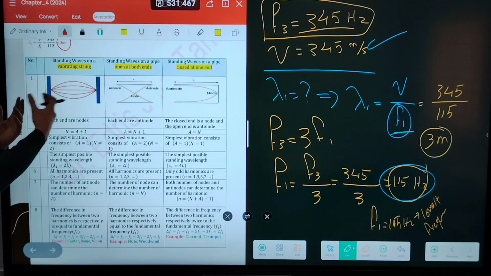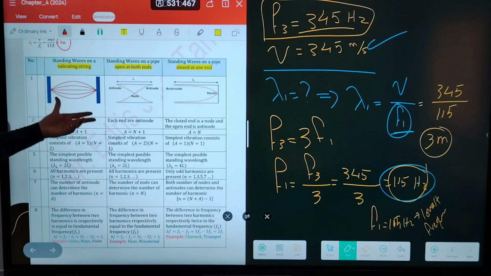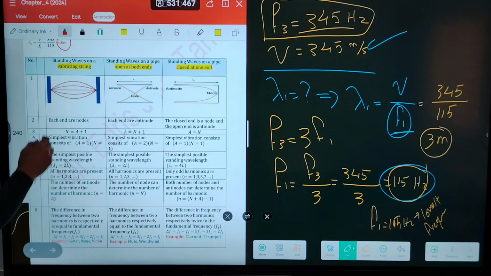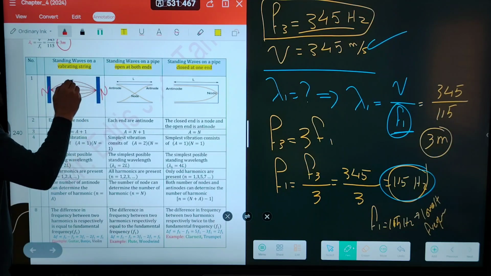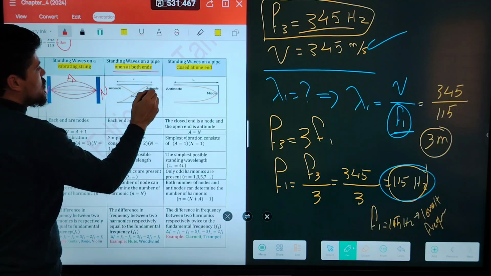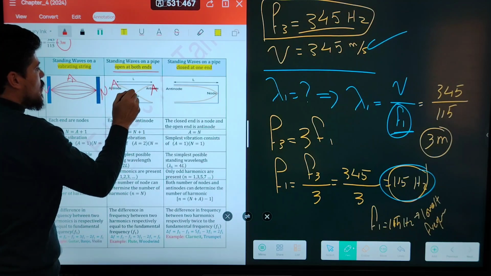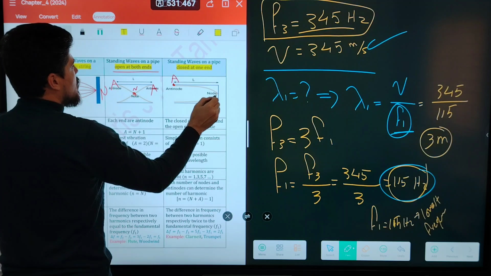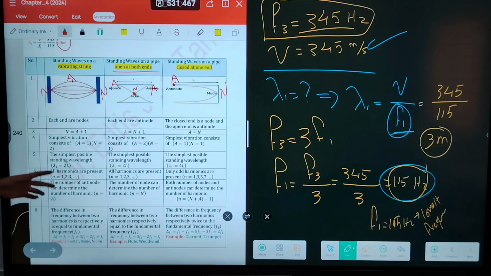So this is a summary of the string, open pipe, and closed pipe. This is the fundamental frequency for the string: 2 nodes, 1 antinode. For open at both ends: 2 antinodes, 1 node. For the closed pipe: 1 antinode, 1 node. Okay?